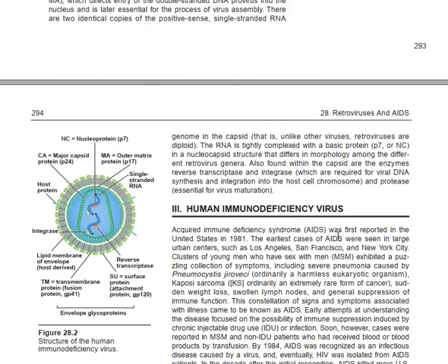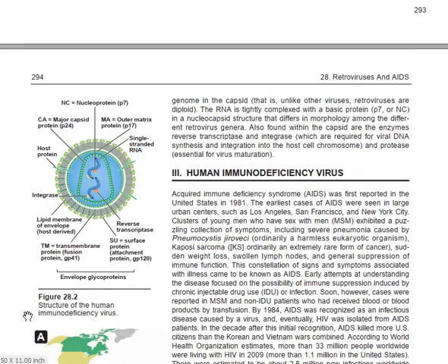So let's continue. This is the structure of the human immunodeficiency virus. It is made up of a central RNA. This molecule here is the nucleoprotein, so you can see the nucleoprotein inside. That is the central RNA. You have reverse transcriptase and the integrase molecule on it.